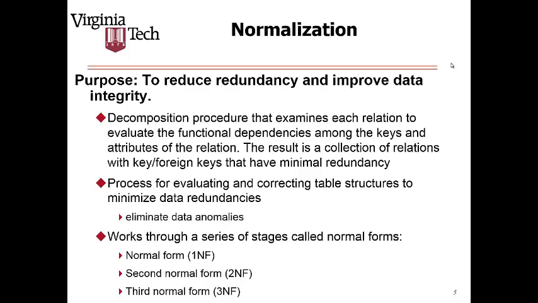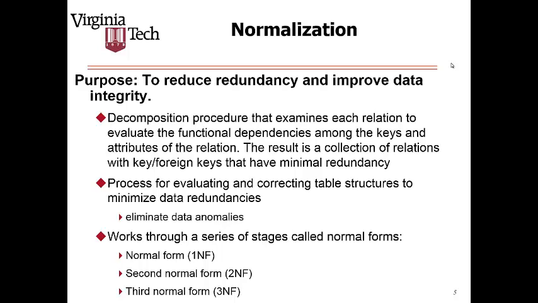We're going to go through a process of first normal form, where we evaluate every attribute in every table to ensure that it is dependent upon the key. Then we go through any tables that have composite keys and evaluate them for second normal form, to be sure that all non-key attributes are dependent upon the whole key and not just part of the key. Finally, we go through every attribute of every table to determine if that attribute is functionally determined by another non-key attribute, that is, an attribute that's not part of the key.